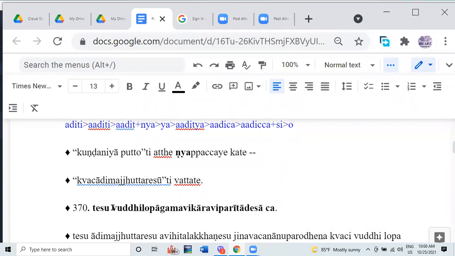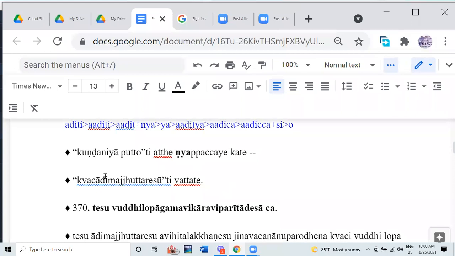The word Kwachari Majodri from Kwachari Majodra is also a Taddhita sutta, so these words follow Buddhati, follow Sudi.